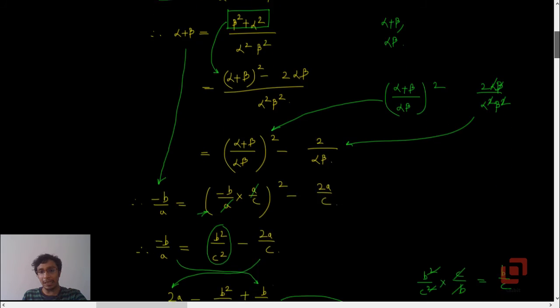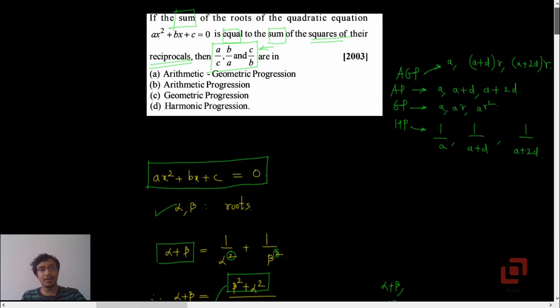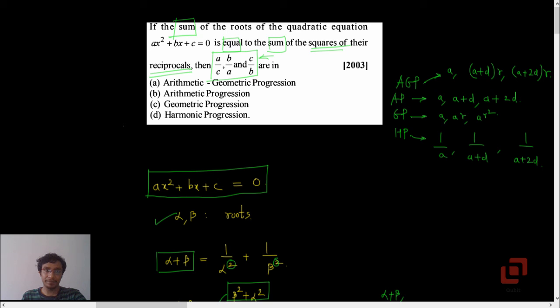What we have got here is exactly the reciprocal of each term. So if these three terms are in arithmetic progression, their reciprocals must be in the harmonic progression. Yes, and that is option D.